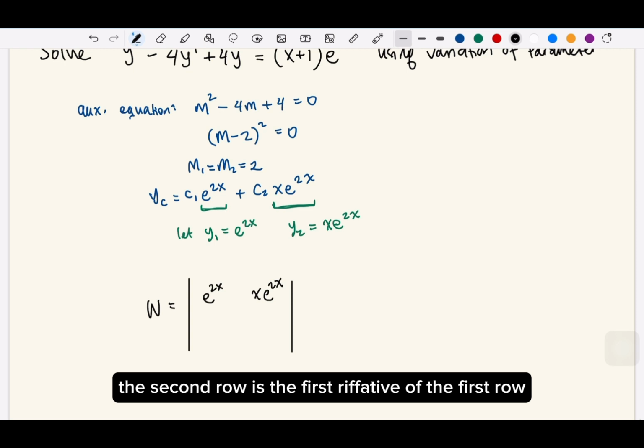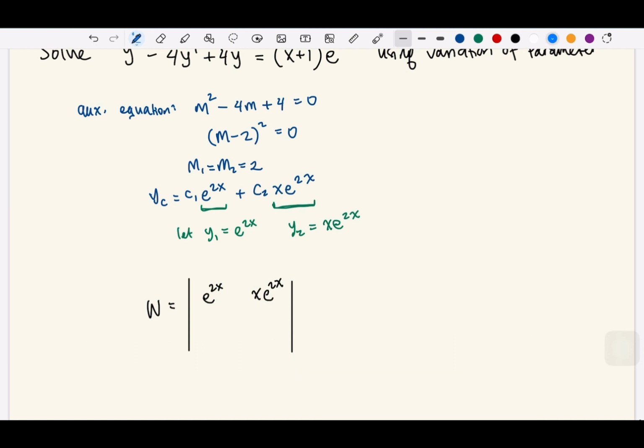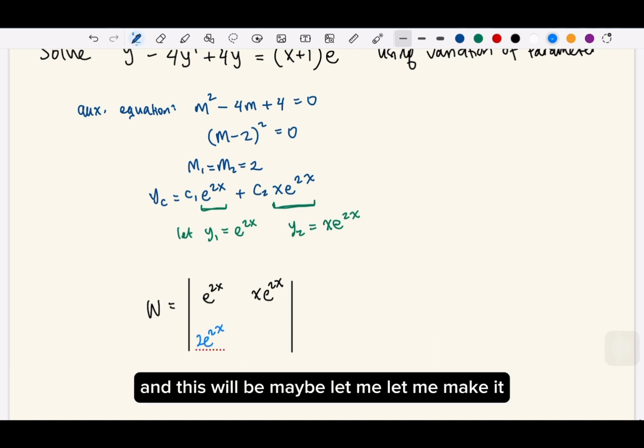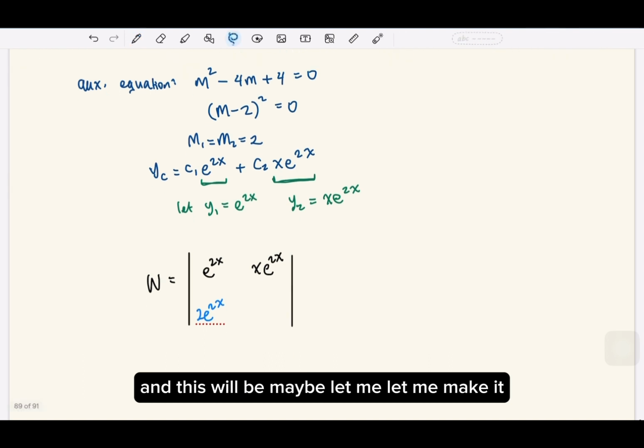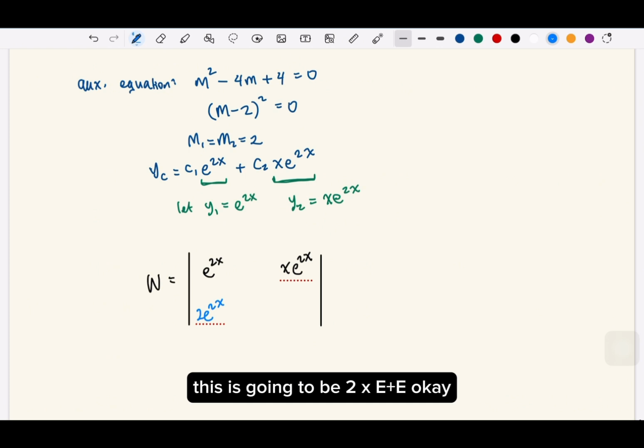The second row is the first derivative of the first row. So let me write with different color. So this will be 2 e to 2x, and this will be 2x e to 2x plus e to 2x.